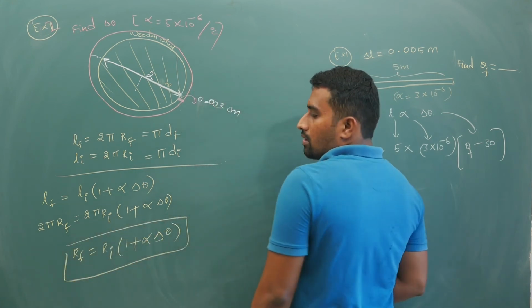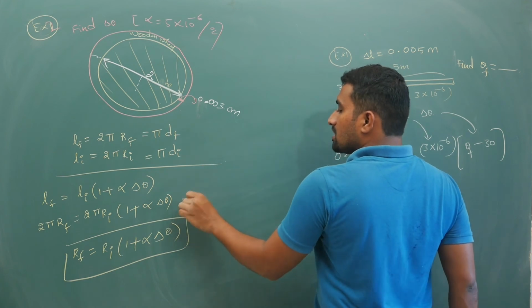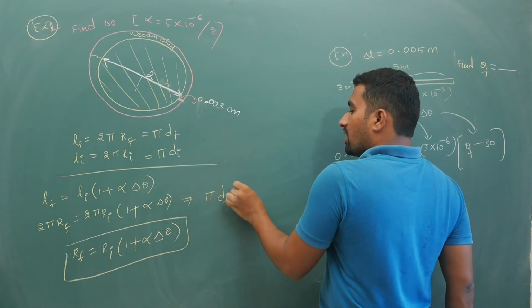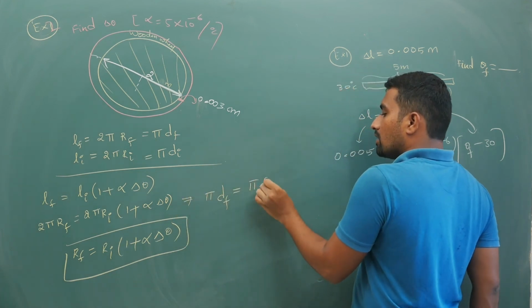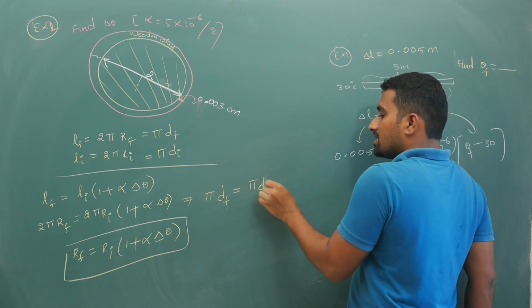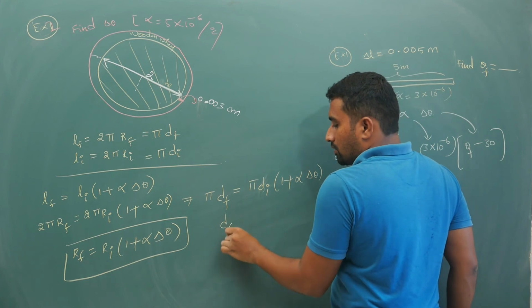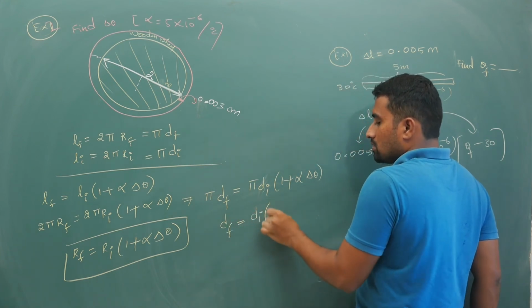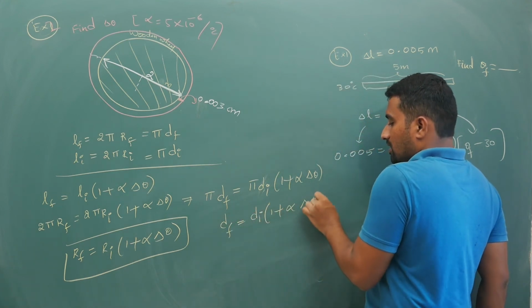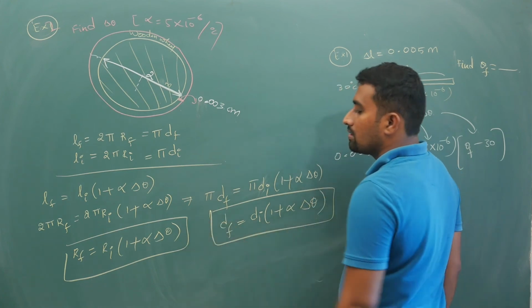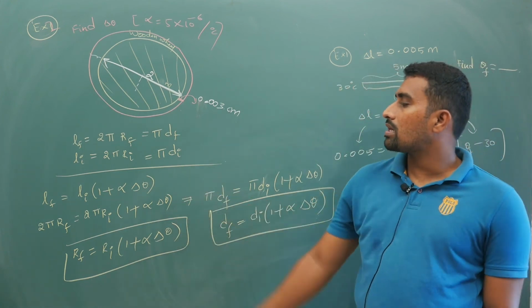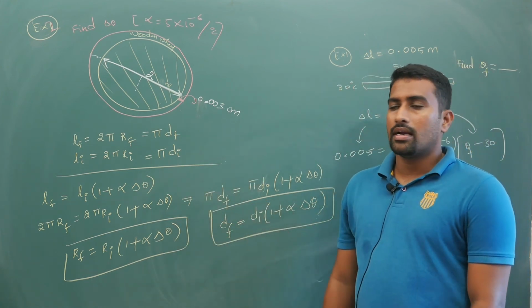Or else, in this expression itself, if you keep pi times diameter final equal to pi times diameter initial times 1 plus alpha into delta theta, then you get D final equal to D initial times 1 plus alpha into delta theta. The choice is yours; you substitute the values accordingly and then simplify.